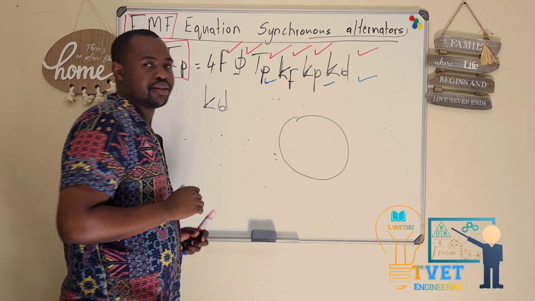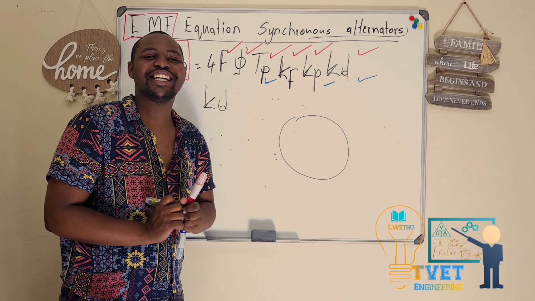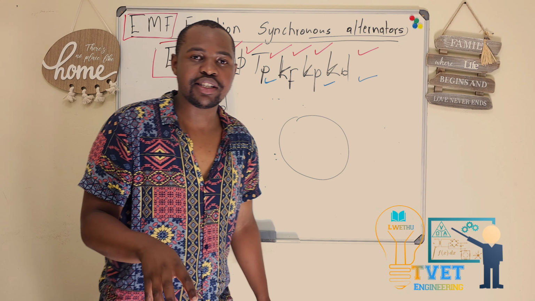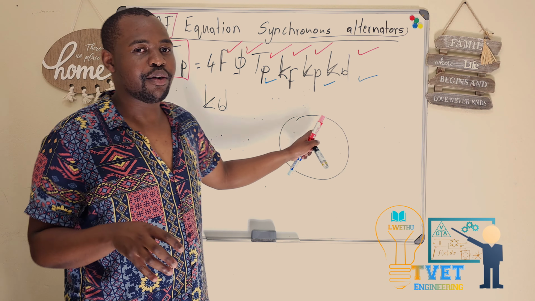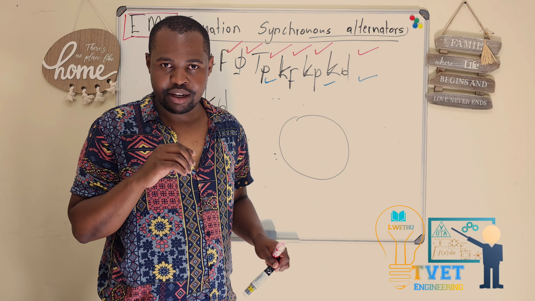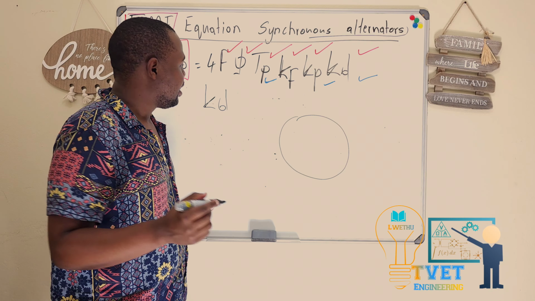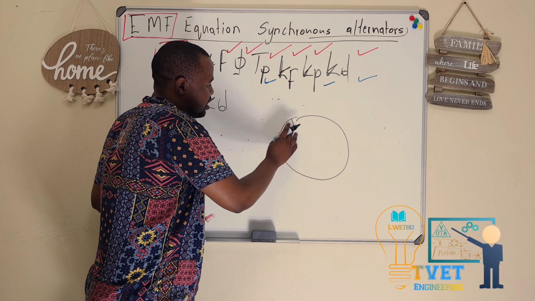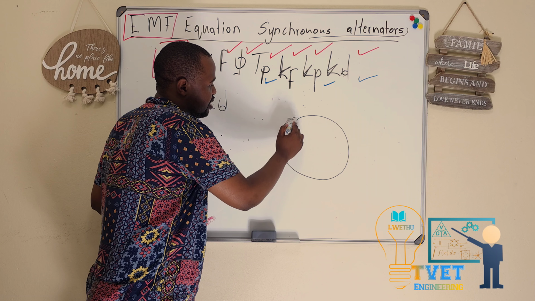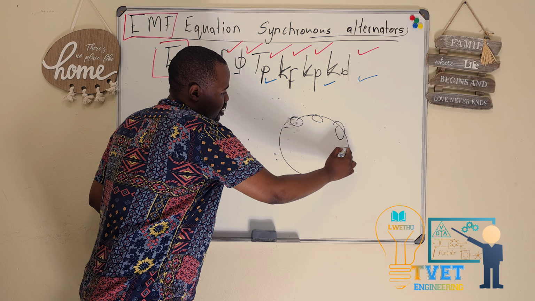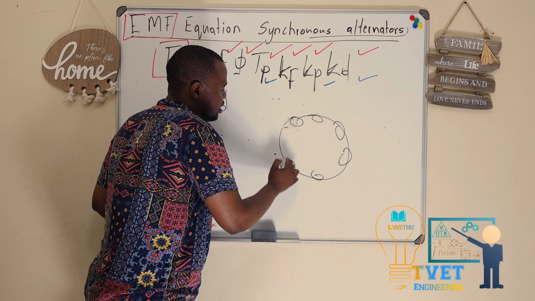The distribution factor is simply the distribution of the coils or the distribution of the conductors in the stator. For example, I said the stator has slots. I'm putting circles just to represent that they are stator slots.